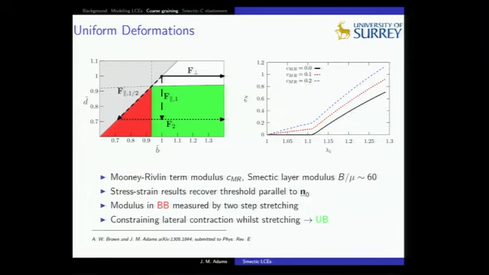In which case your stress-strain response here as you move along this line from this bidirectionally buckled region to the unidirectional buckled region depends on the amount of the Mooney-Rivlin term that I mentioned before. If you have none of this term, then it's perfectly soft when you stretch in the perpendicular direction. But as you increase the amplitude of this term, then you can get some stiffness in this red region there. That gives you an experimental test to find out the magnitude of this extra term that I mentioned.